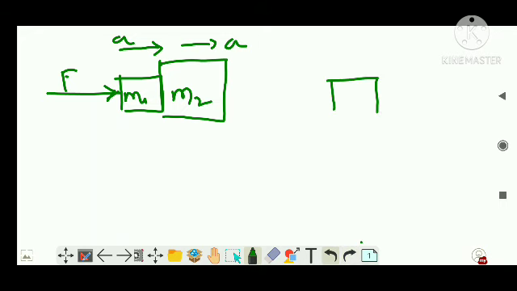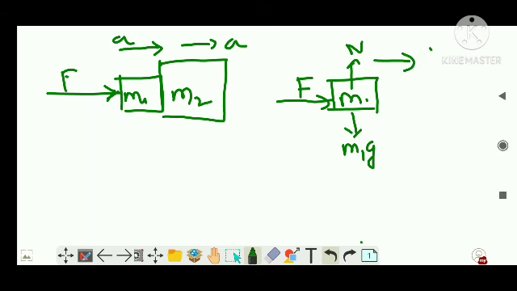And find their equations, or write their equations. So free body diagram for M1. M1 is experiencing a force directly. There is a weight M1g below. Obviously due to that weight, the ground will be giving a normal reaction. Now the acceleration is in this direction. Now tell me if there is any other force acting on it.